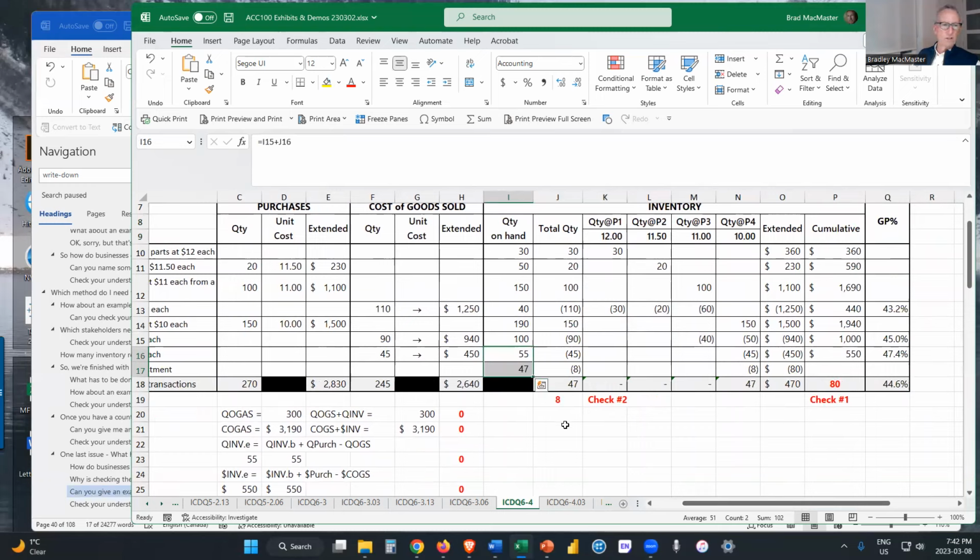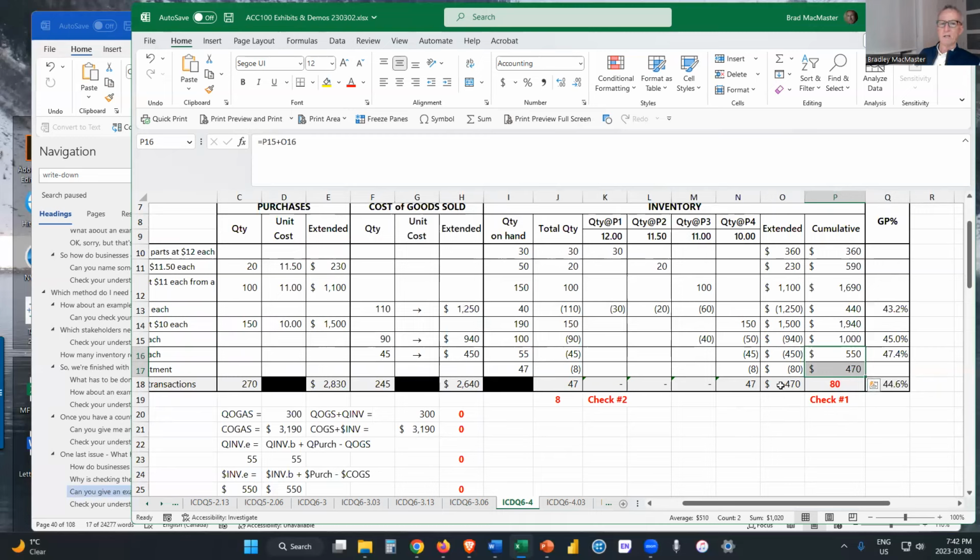And the reason for this is that the way this particular worksheet was developed, we don't actually have anything in this spreadsheet to deal with the unusual expense of shrinkage or write-downs to market. Okay. But I now can adjust this at least to show that my ending inventory is only 470.